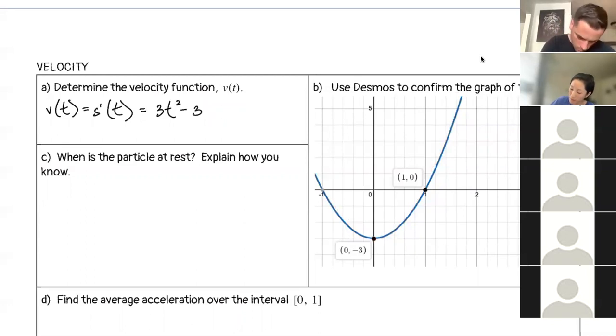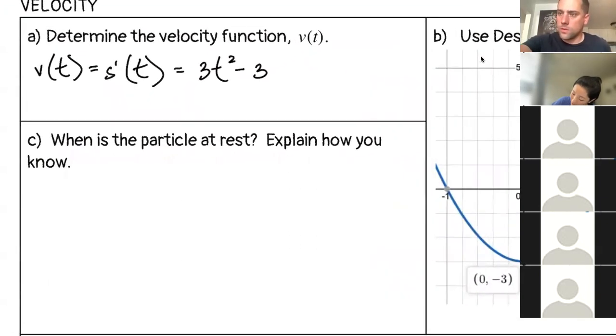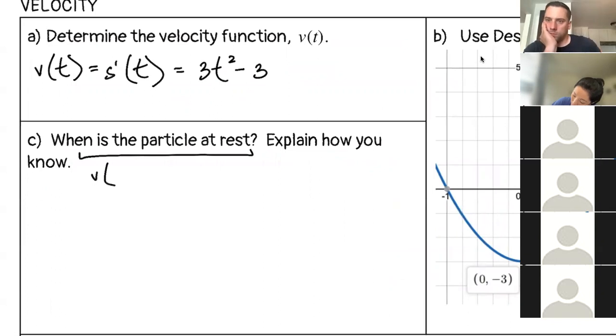All right, talk to me about this question. When is the particle at rest? And more importantly, how do we know? When the particle is at rest, that means that the velocity equals 0, right? Because nothing is moving.